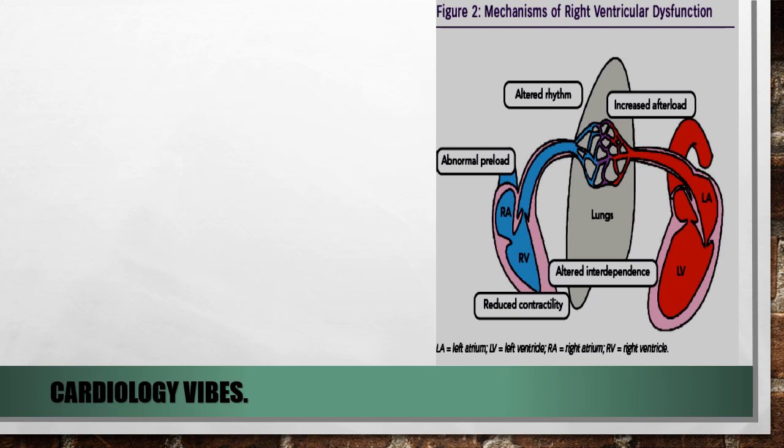Again, this is a diagram that shows us the mechanism of right ventricular dysfunction. If there is abnormal preload, if there is reduced contractility, if there is altered interdependence, if there is altered rhythm, if there is increased afterload either from the left heart pathology or because of lung conditions, any abnormality will lead to right ventricular dysfunction.